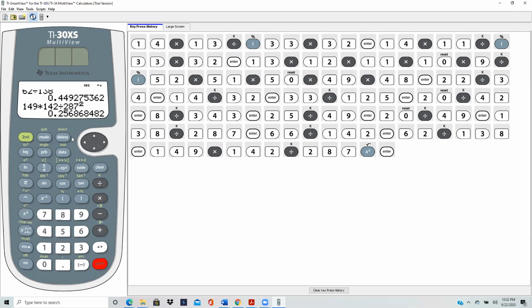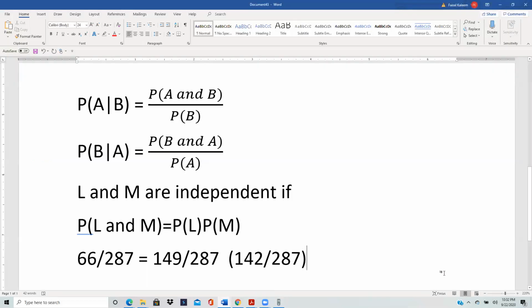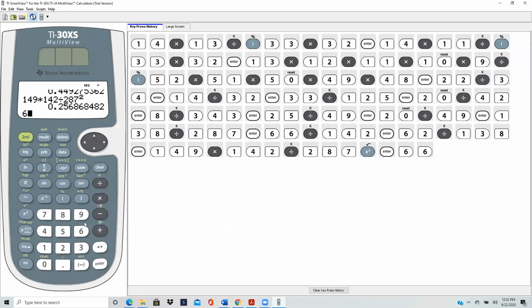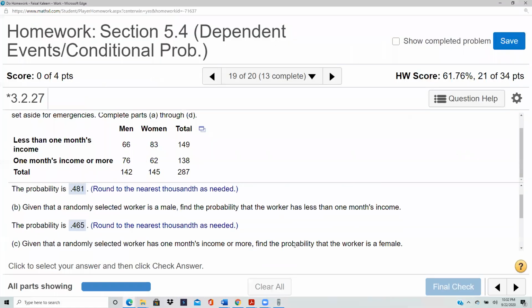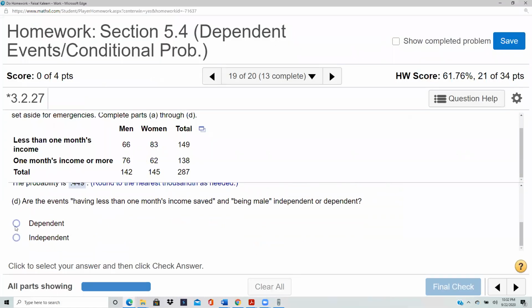So the right side comes out to be 0.2568 and the left side is just 66 by 287, that's 0.229. So they are not the same. The 0.256 is not the same as 0.229. So they're quite close, but if P(A and B) is different from P(A) times P(B), then they are not independent. So not independent means that they are dependent.